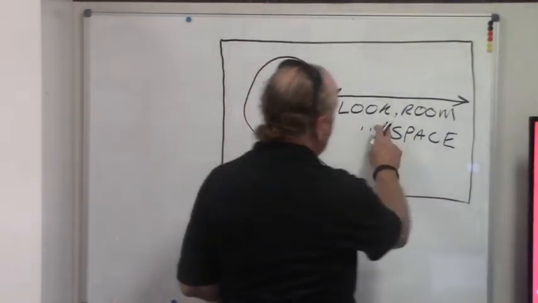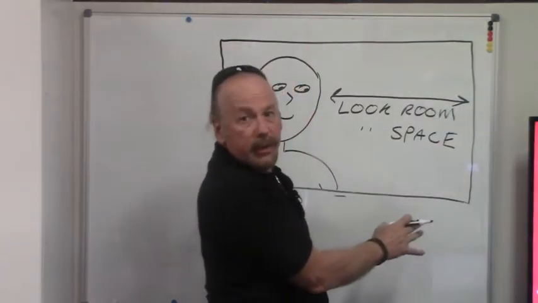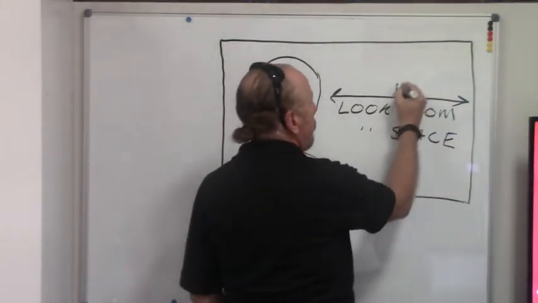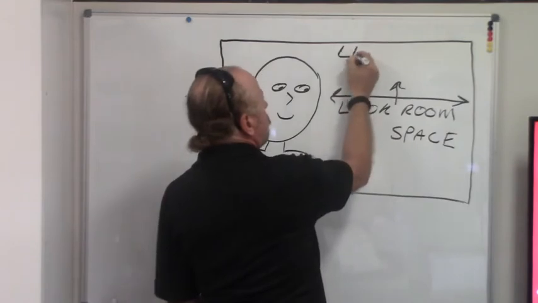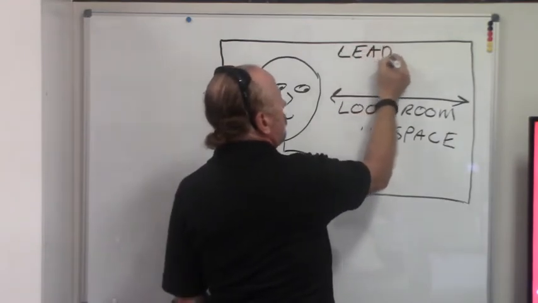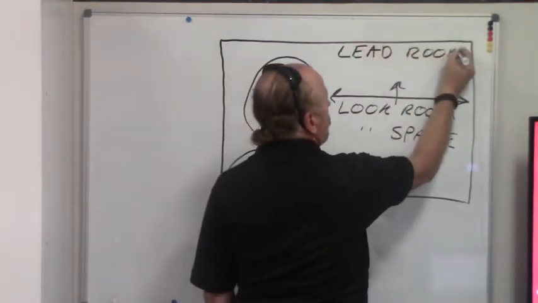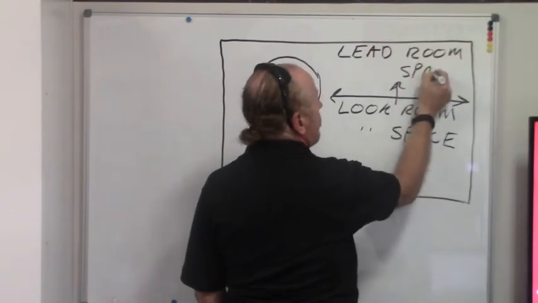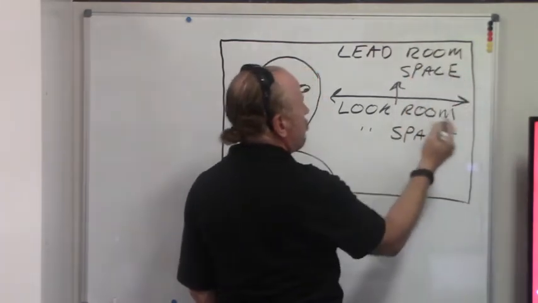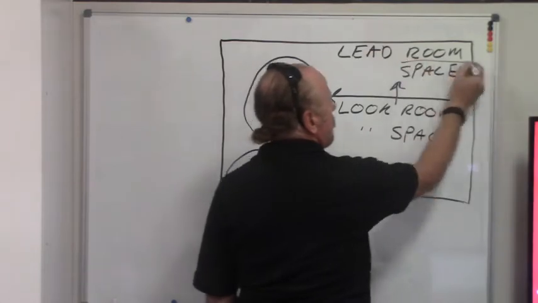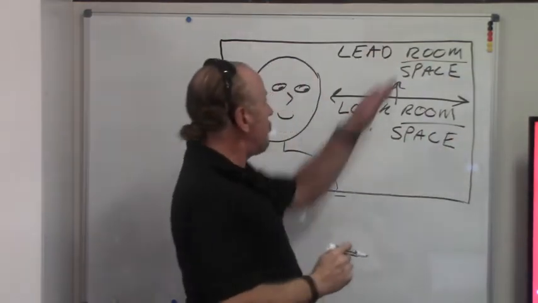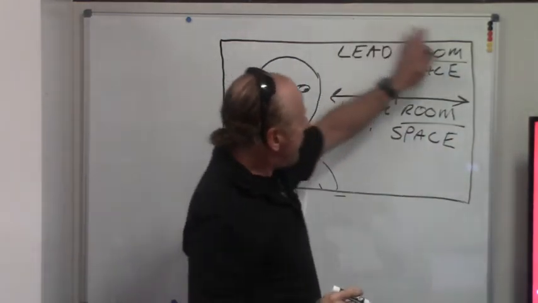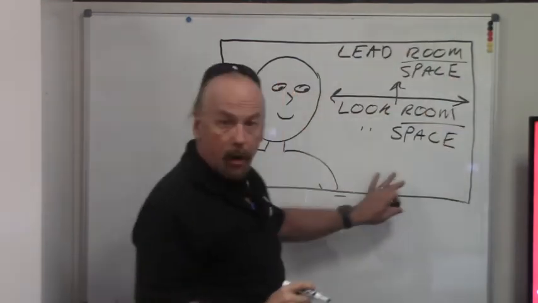When the camera is moving, this exact same thing is referred to as lead room, or same thing, you can also call it lead space. Those terms are used interchangeably in the industry, okay? Lead room and lead space. So that is this area right here.